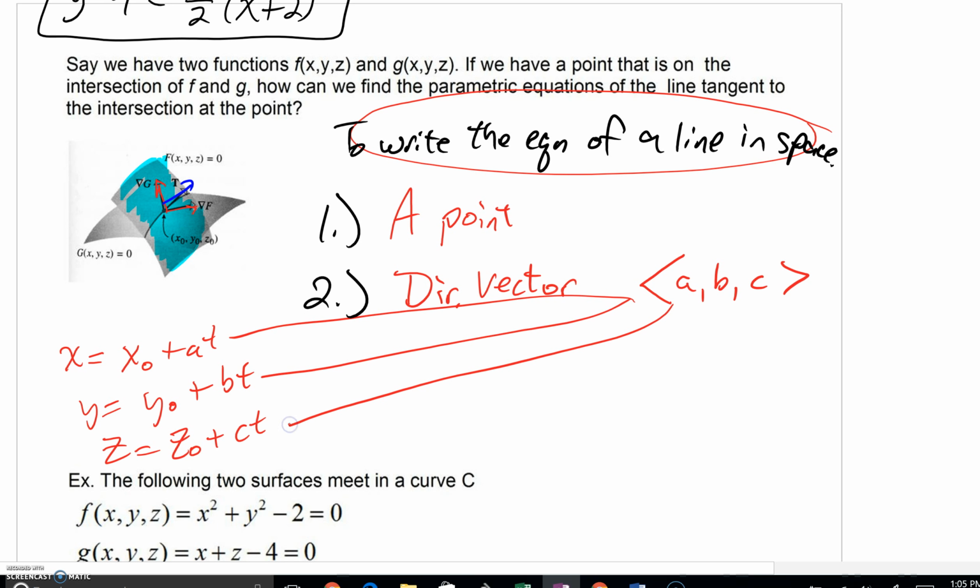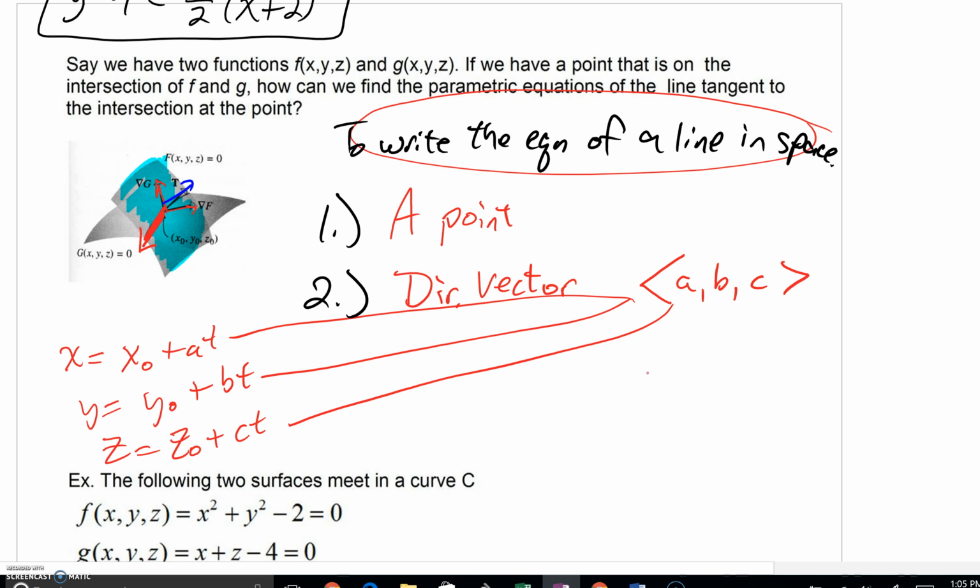So the big question is, if they tell you that you have a point of intersection, really all you need to do is come up with a direction vector. Any thoughts as to how that might take place? What do you think?